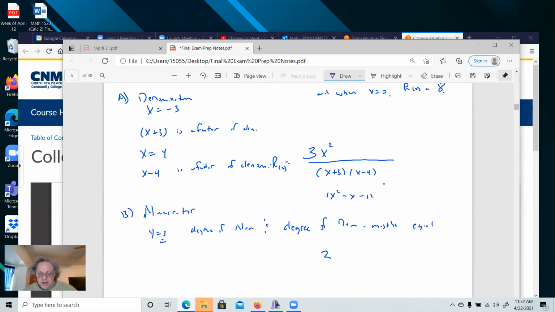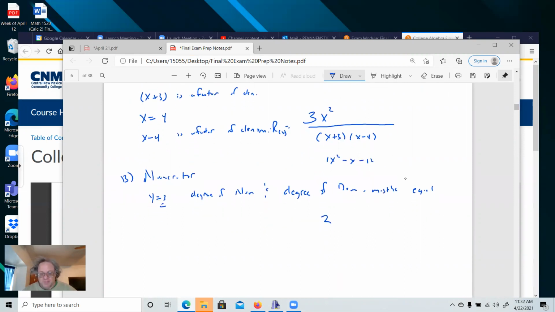So if I plug in 0 all over this, we get 0 over, and I don't even really care what this is. We have 0 plus 3, 0 minus 4, and this has to be 8. Well, how can we make this 8? Right now I've got 0 over some stuff. That's not going to do anything for me, I'm just going to get 0. Well, what if we add something to that?